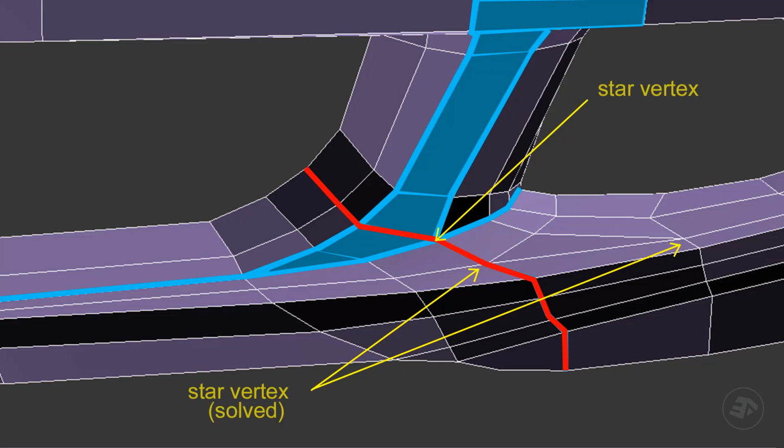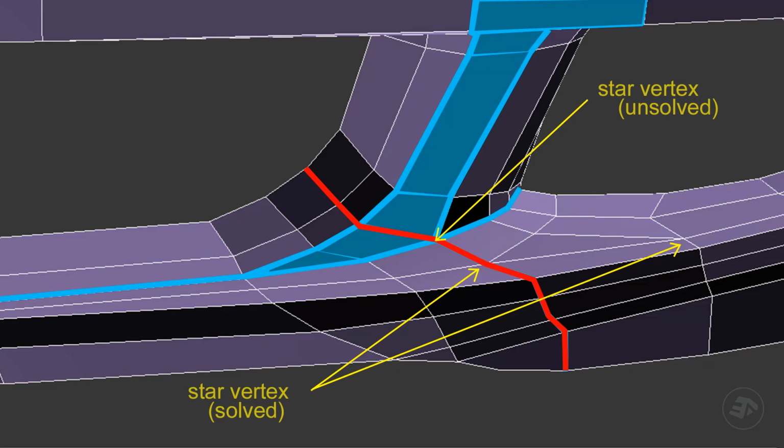The Turbo Smooth modifier can solve any star vertex located on the surface. However, it cannot solve a star vertex located on a main loop correctly. This explains why we have this little bump of shadows or flow where the star vertex is located. This might be acceptable in certain cases, however, it is not acceptable in our case.